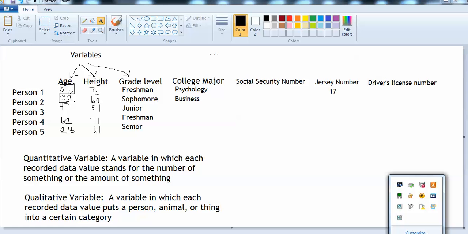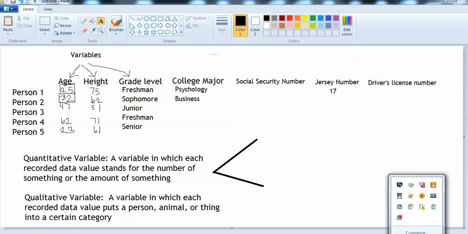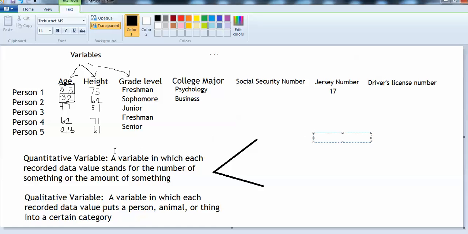The last thing we'll do is break these down into two other types of variables. I said that we can have quantitative variables.